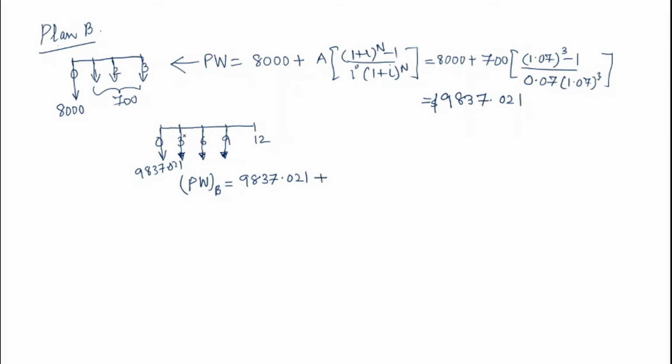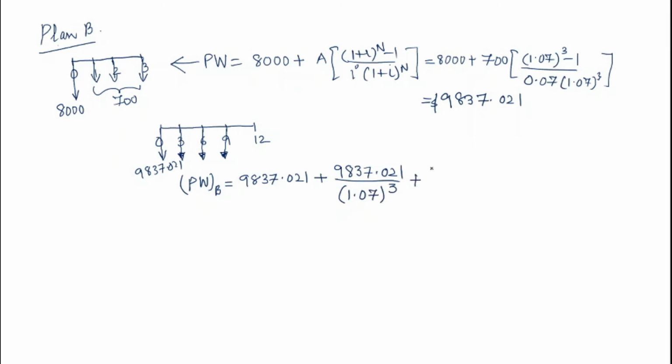Now this is the future worth and we have to compute the present worth: 9837.021 over, F upon 1 plus i to the power n, so this will be 3.